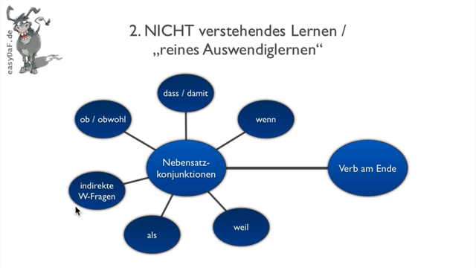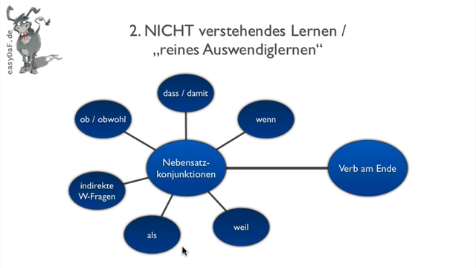W-Fragen are all questioning pronouns in German that start with the letter W, such as wenn, wann, wo, and so on. So this is ob is if, and obwohl although. Das is that, damit is so that, wenn is again if or when in English.